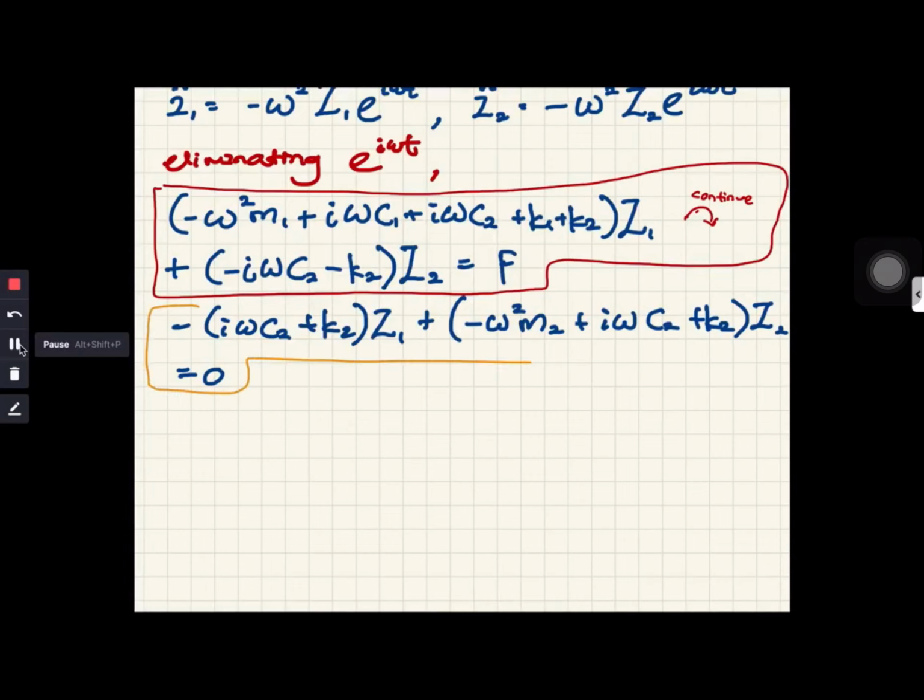This is the second equation. I hope you can see this, so that it's easier for you to see.